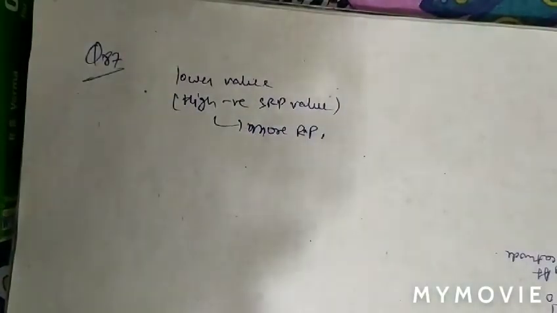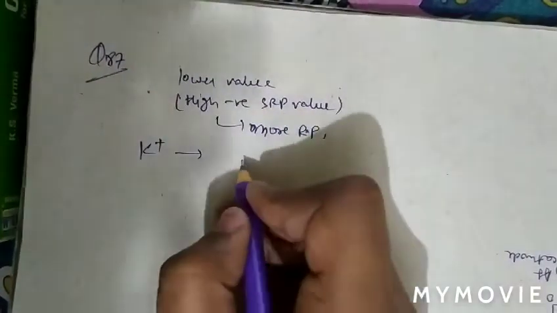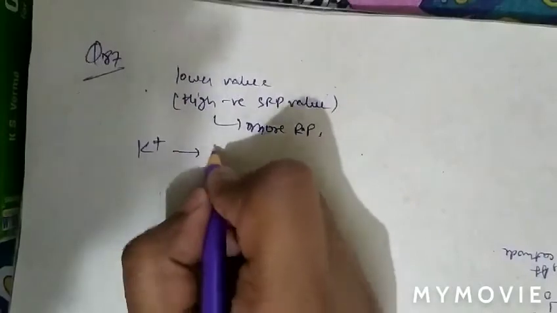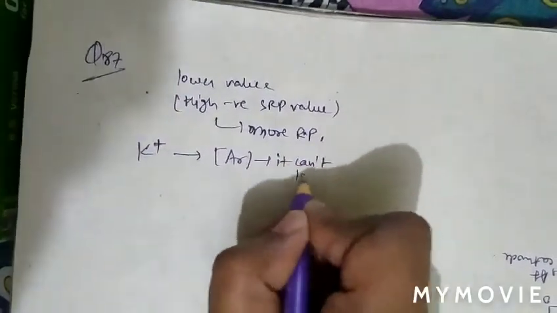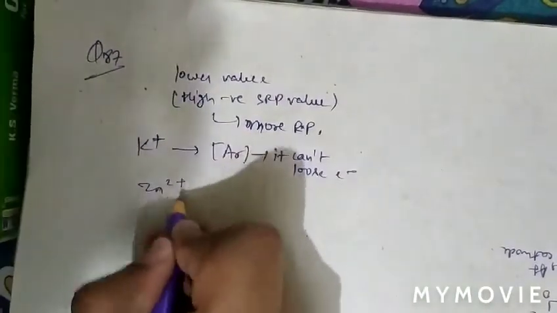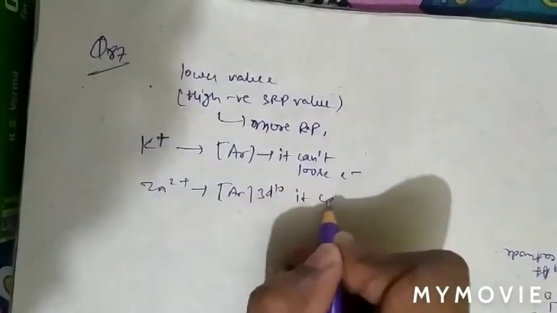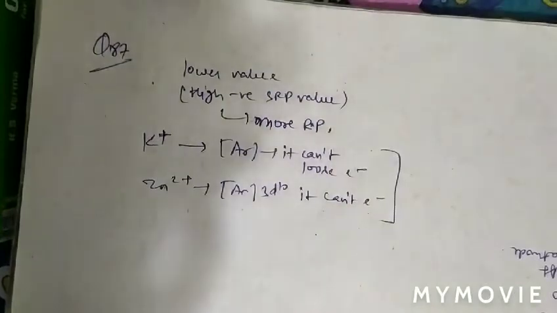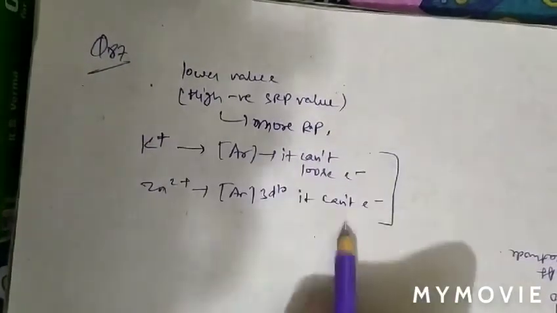But as we can see, K plus configuration is argon. It cannot lose an electron. Also Zn2 plus is argon 3d10. It cannot lose an electron. So these two have high negative values, but they cannot lose electrons.